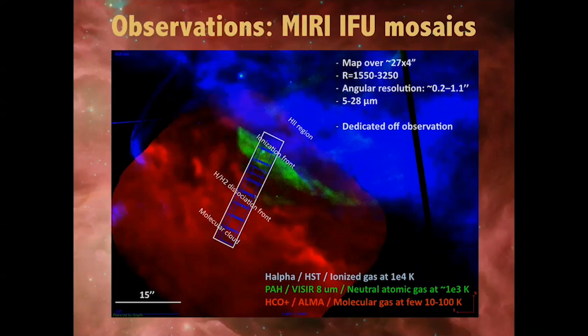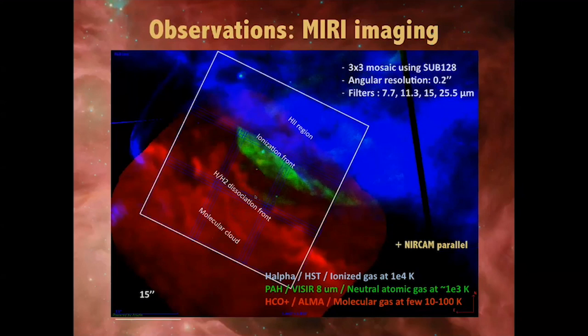In addition to these IFU mosaics between 1 and 28 microns, we will also do imaging. Given that Orion is very, very bright, we have to do a smaller readout for the MIRI, the smallest readout for the MIRI instrument. And so in white, you see roughly the box that we will achieve with mosaicing with MIRI.